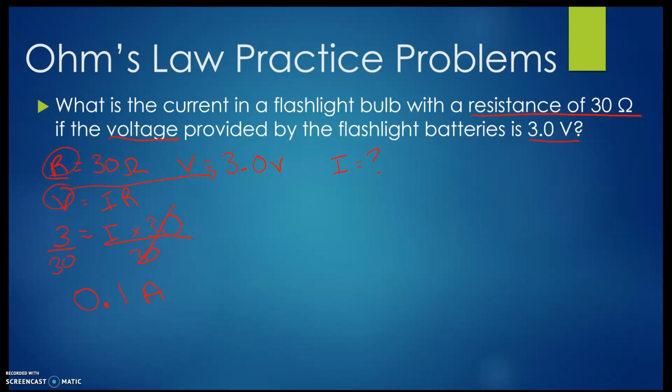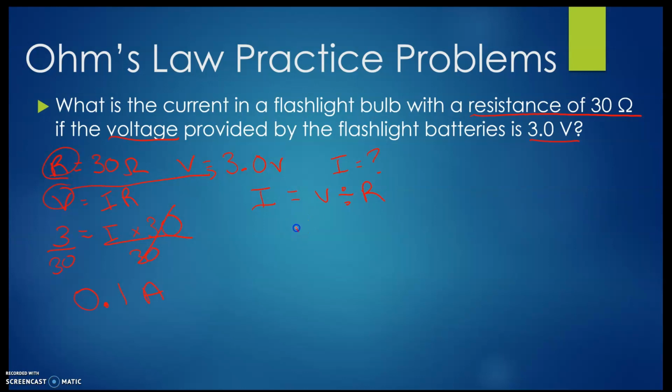Now, there's another way to do this if you don't want to solve for the I. You can go back and look at the beginning of your notes and find which equation has I on one side by itself. Okay, it's going to give you I equals your voltage divided by your resistance. Then you can simply plug in your known values.